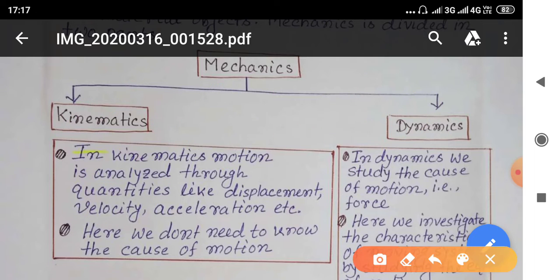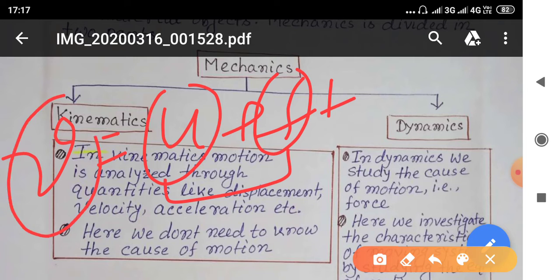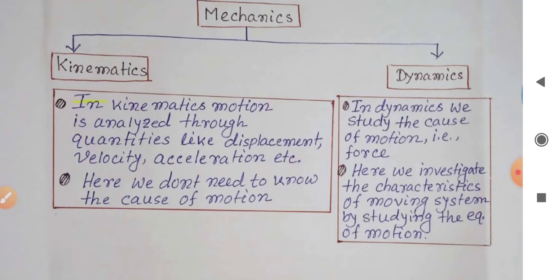If we take another equation, that is v is equal to u plus ft, where u is the initial velocity and f is the acceleration, and you know both of them, then you will find the final velocity of that object at any time t. And to find these parameters, we don't need to know the cause of the motion, we need only care about the motion of the object.